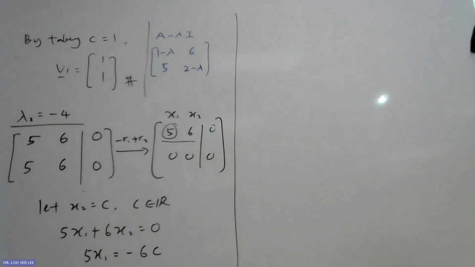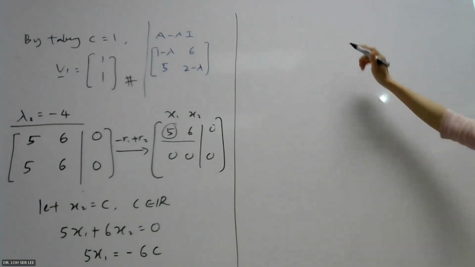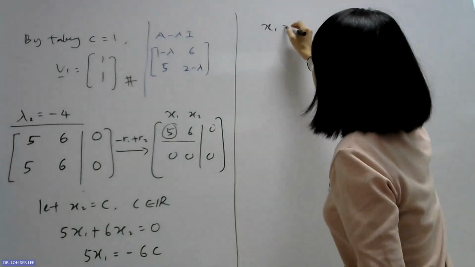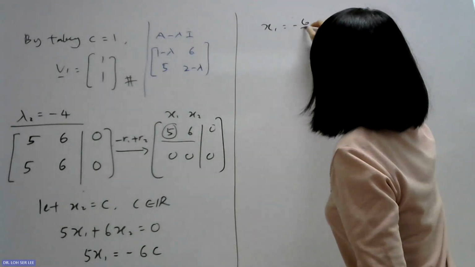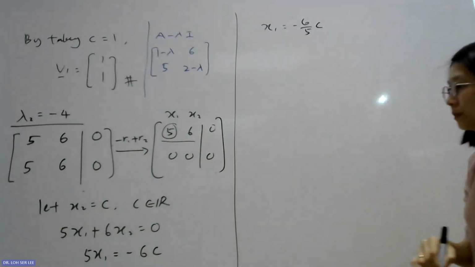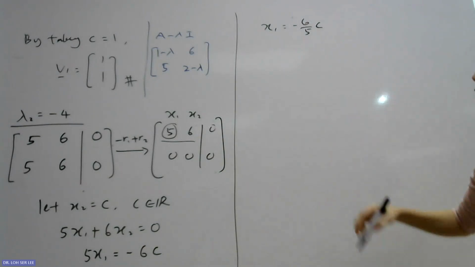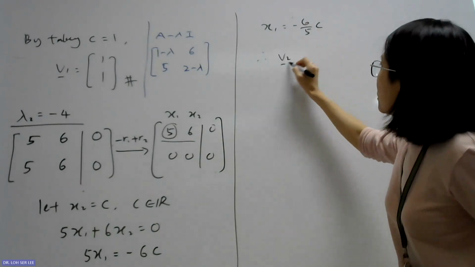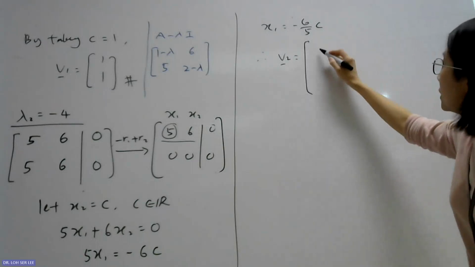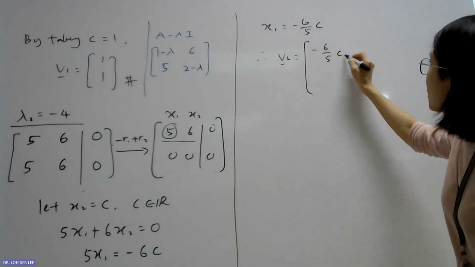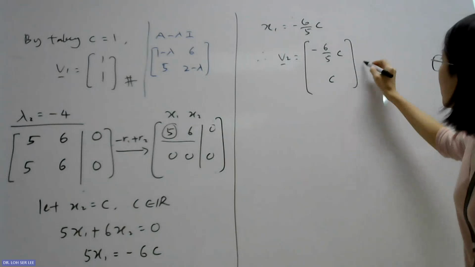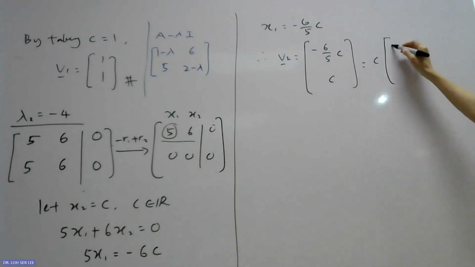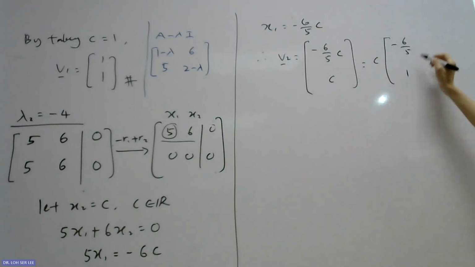Then I continue here. So your x1 is -6 over 5c. So your V2 is -6 over 5c and c. Factorize the c, you get -6 over 5 and 1.